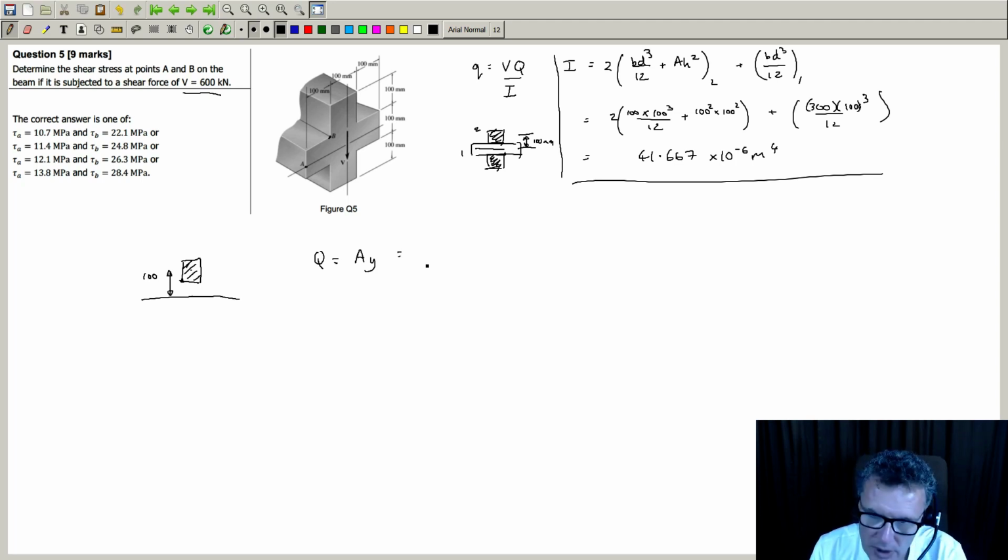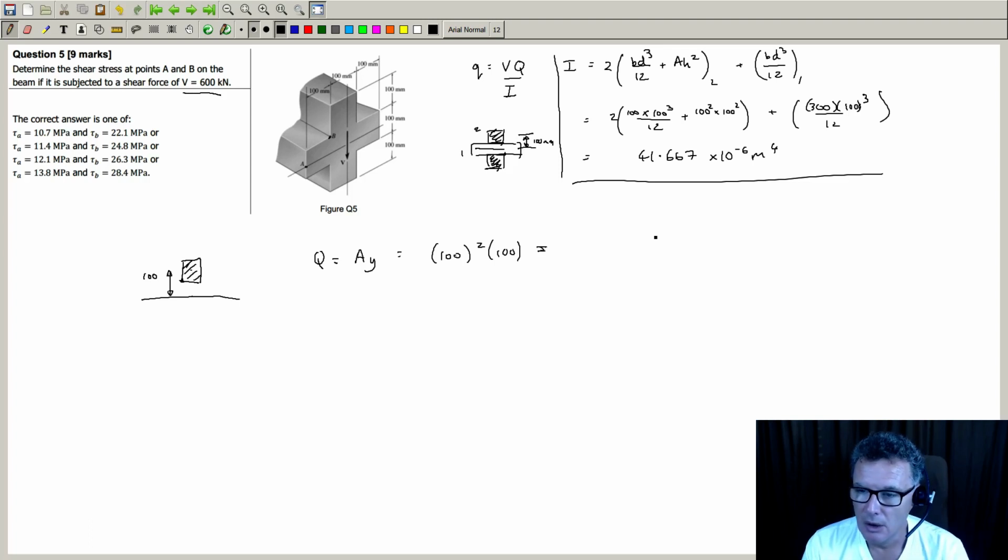So Q will be, well, we could work in millimeters again, be careful, 100 squared times by 100. Then convert your answers into meters. Here you've got meters to the power 3, so for this case you would be dividing it by 10 times 10 to the power of 12, and here you're dividing by 10 to the power of 9.